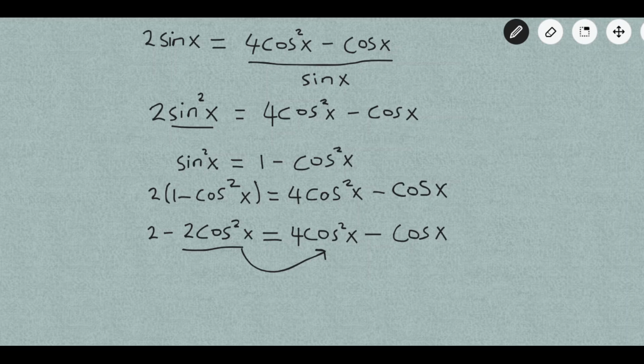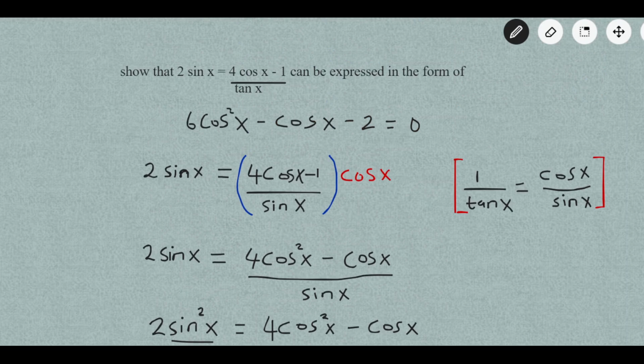So 4 cos squared x plus 2 cos squared x gives me 6 cos squared x, minus cos x, minus 2, which equals 0. Perfect.